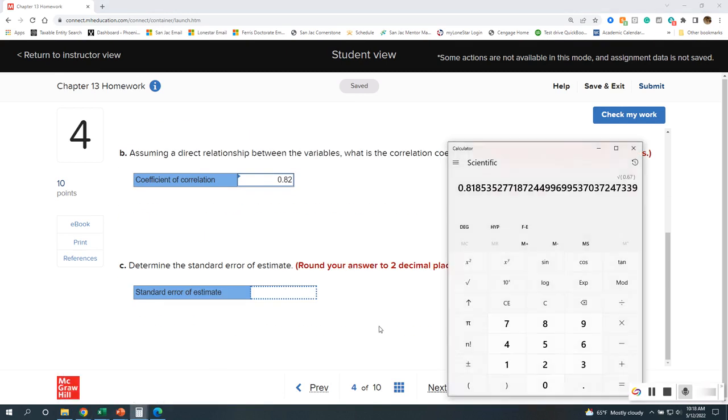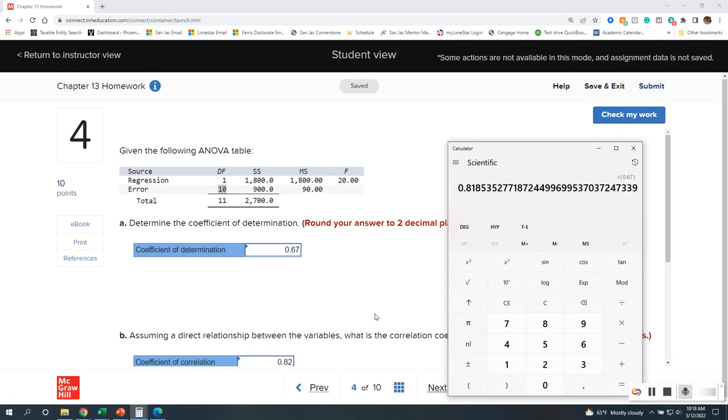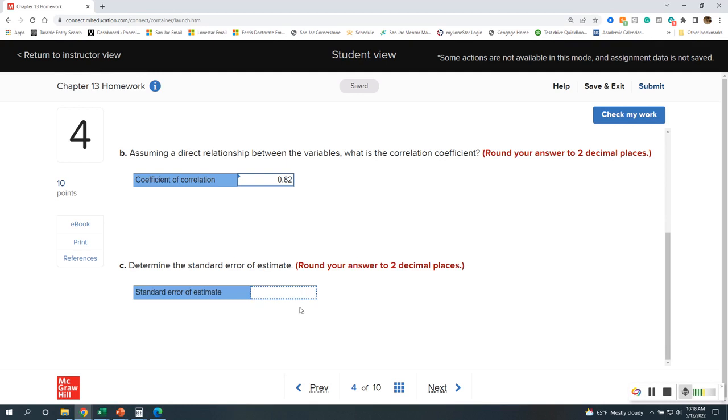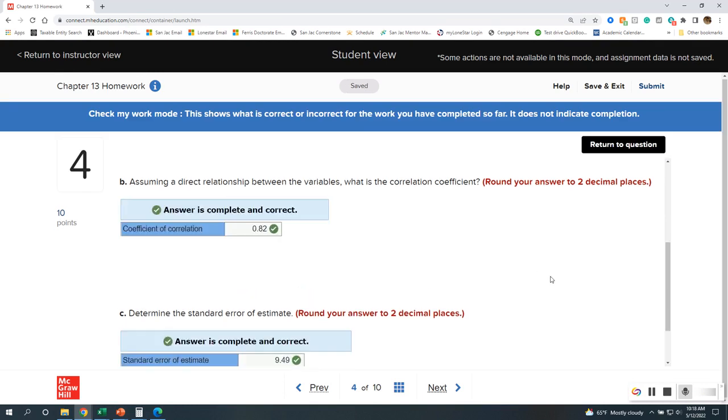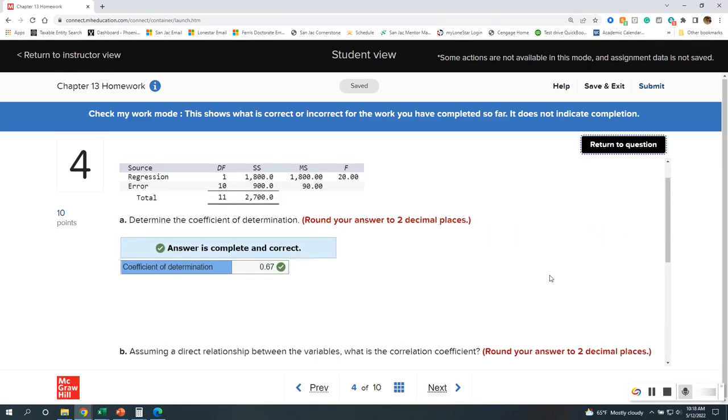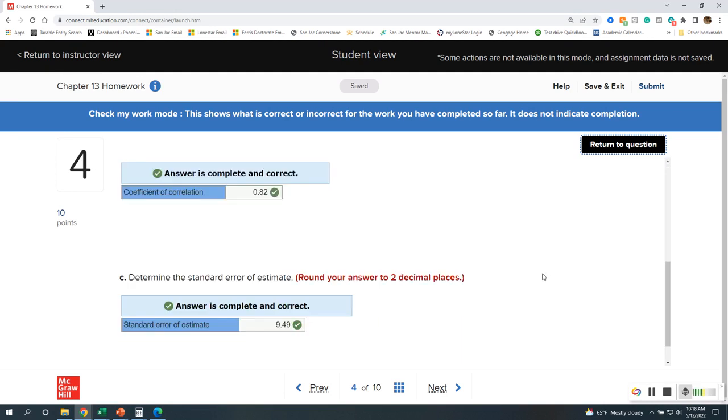So, calculator, 900 divided by 10, and square root. So it is 9.49. Okay, check. There we go. So that solves question 4.